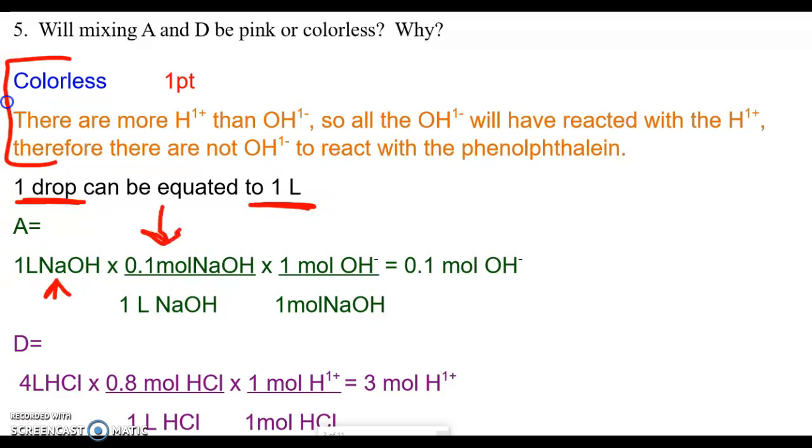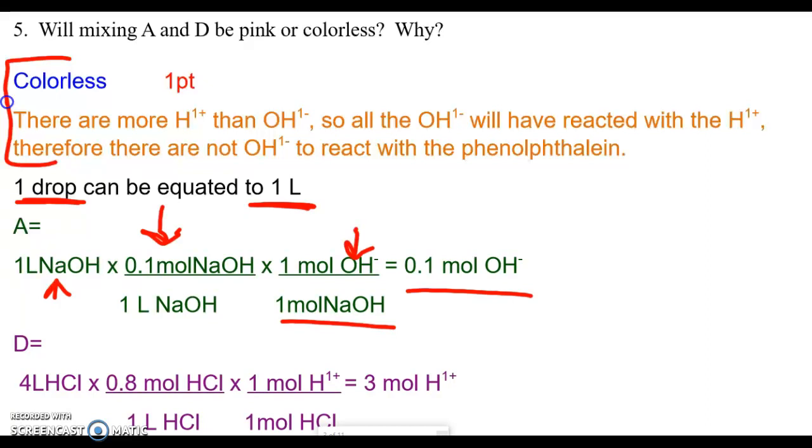The molarity is 0.1 molar. We use that as a conversion factor. In 1 mole of sodium hydroxide, there is 1 mole of hydroxide ions. And at the end, we end up getting 0.1 moles of hydroxide. You might need to pause it, take a look at that, and make sure you understand the mathematics of it.